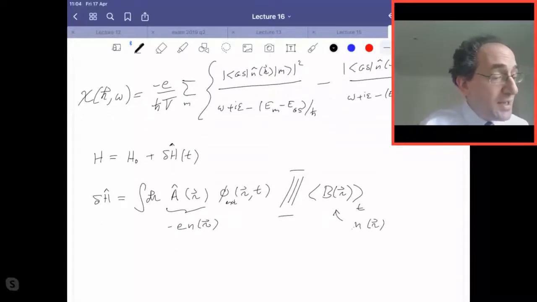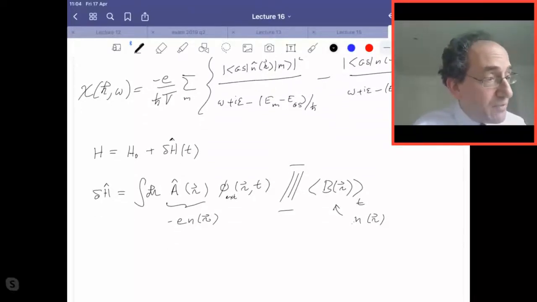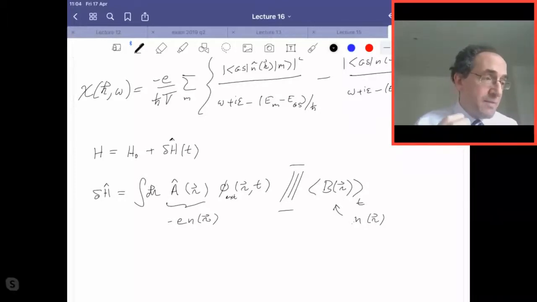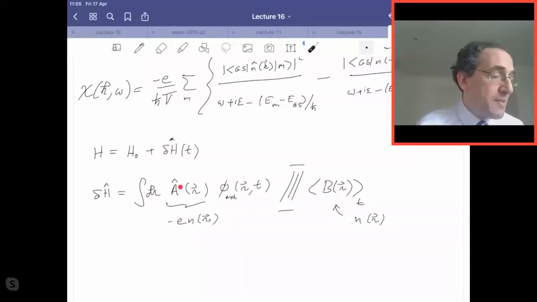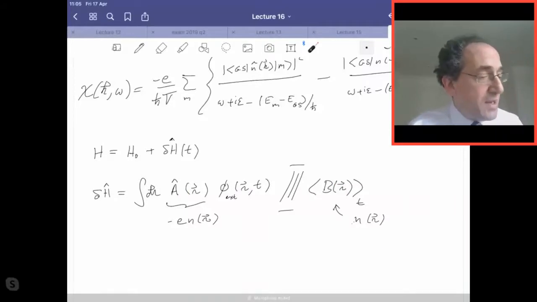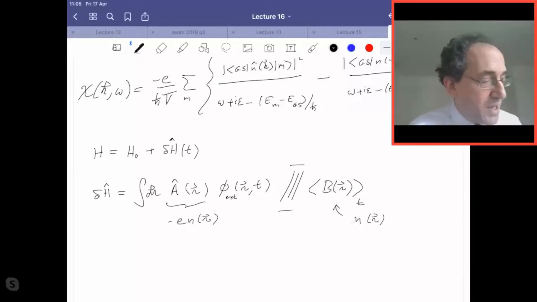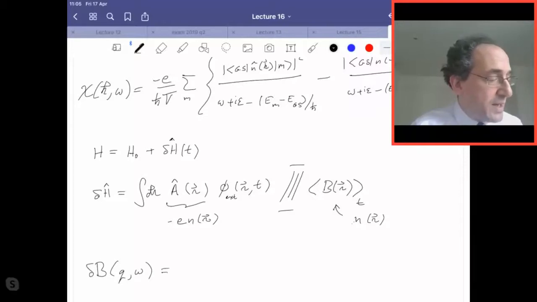Now, more generally than what we calculated, we could write the response of measuring some operator B, having coupled to any operator A, and we would write, again making a Fourier transform first, which is what we did last time, the change in B as a function of q and omega is some response function chi sub BA of q and omega times the perturbation phi external of q and omega.